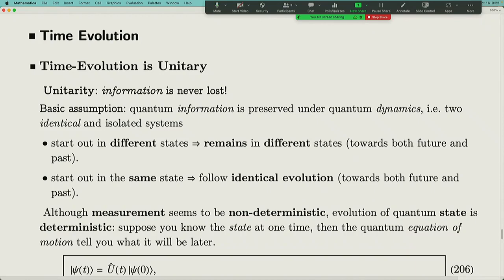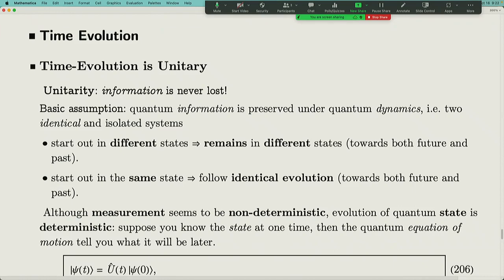And also, if you start out from the same, identical state, they will follow identical evolution, both towards the future and the past. I think it's a similar statement to the previous one: different states cannot evolve into the same state, and the same state cannot evolve into different states as well, both towards the future and towards the past. If the same state evolves into different states, that means you need to add information into the system in order to distinguish them, right?